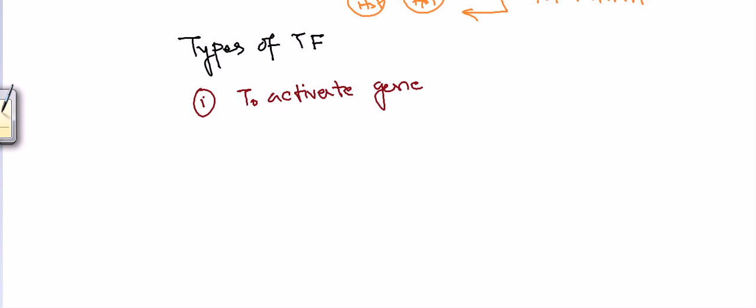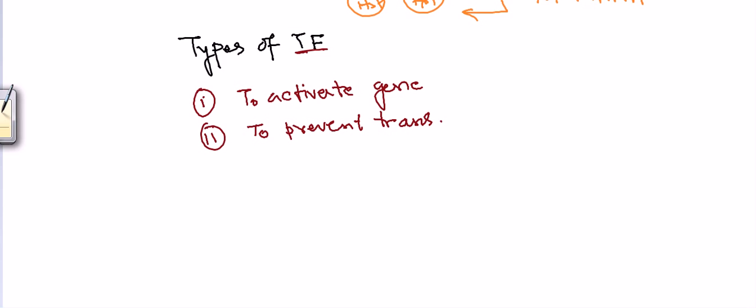So activate a gene or transcription. There are certain types which usually prevent transcription, right? So there are two types of transcription factors that are found.